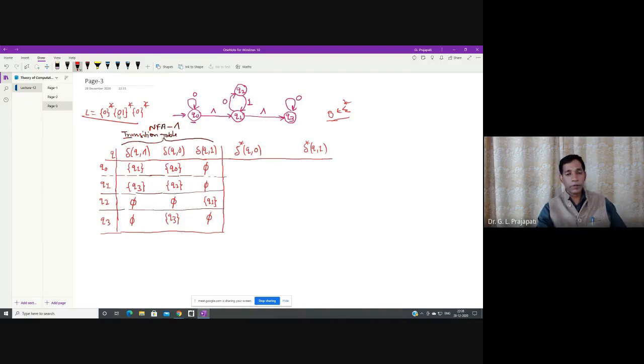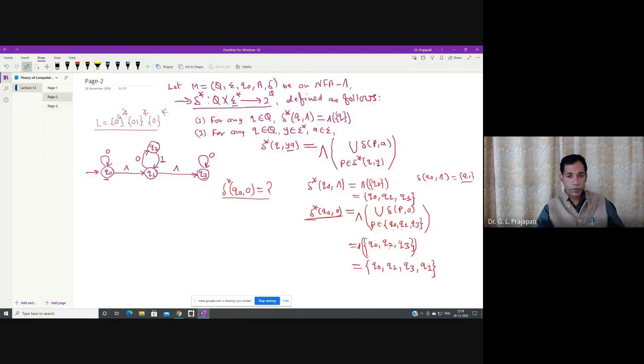So how can you determine delta star of Q0 on the input string 0? Where can your machine reach? We have computed earlier that if you are at the state Q0 and your input string is 0, you are going to the states Q0, Q2, Q3, Q1, that is, every state Q0, Q1, Q2 and Q3.